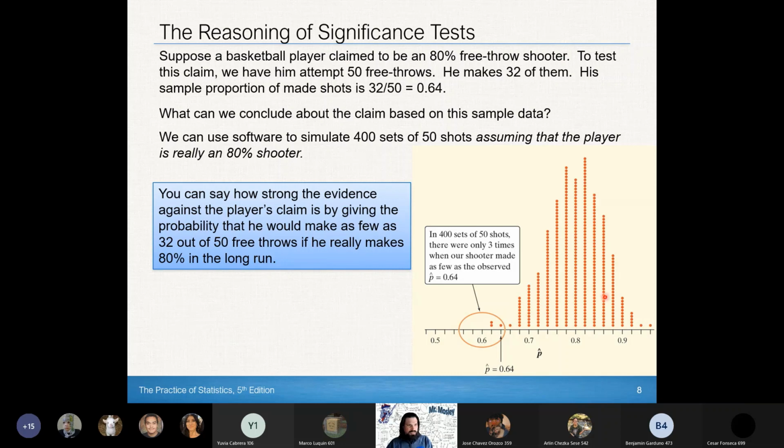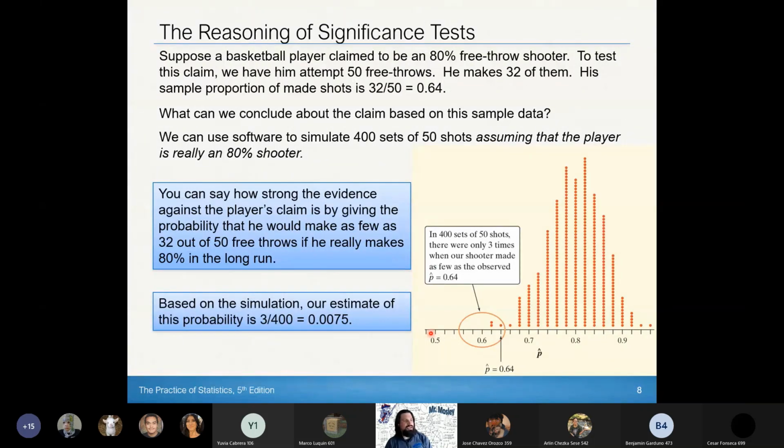We can see based on this simulated data, in 400 sets of 50 shots, there were only 3 times when our shooter made as few as the observed p hat equaling 0.64. Which essentially is like, well, if he really is an 80% free throw shooter, how did this happen?